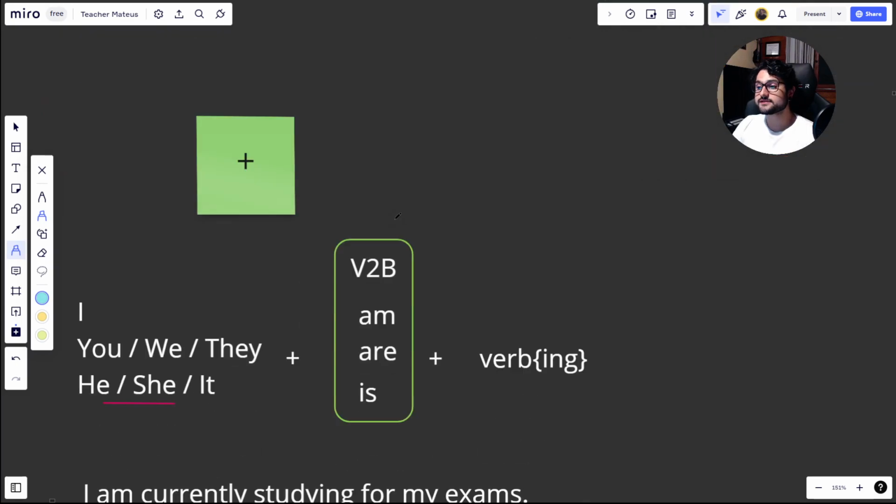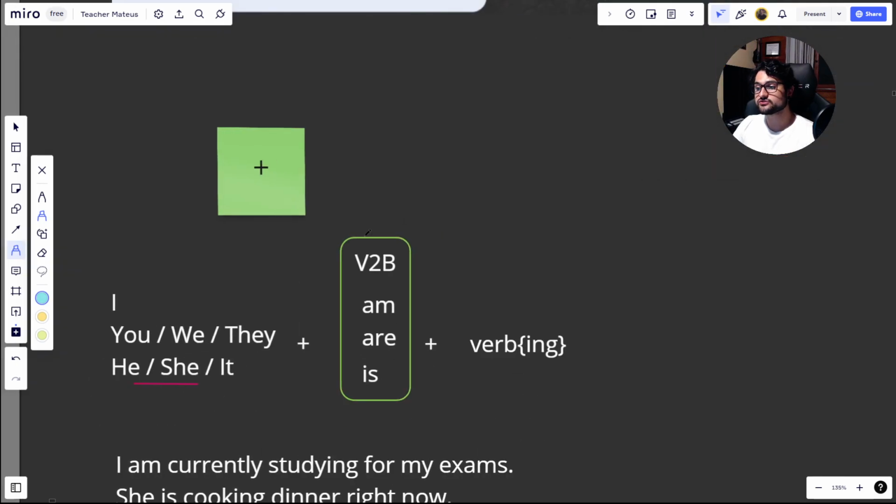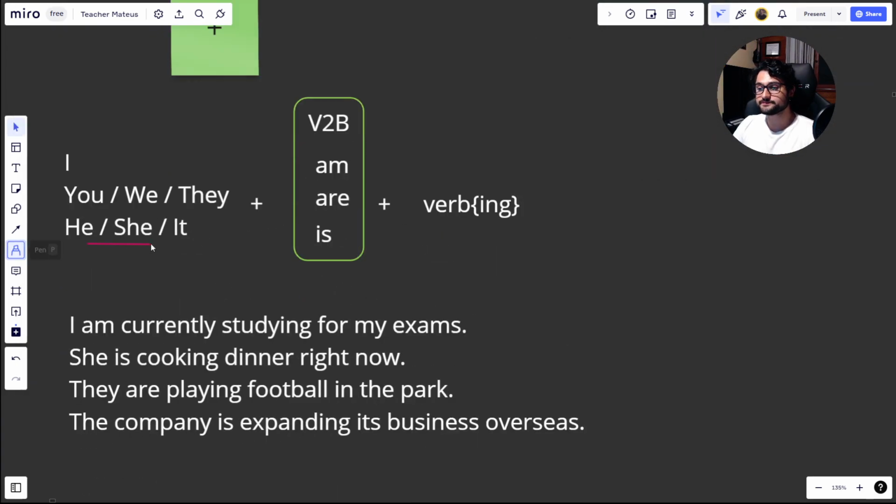Okay, guys, so let's see some examples. This is the structure that we have seen previously. So we have here, I am, you, we, and they are, he, she, and it is. Let's read these examples together. I am currently studying for my exams.